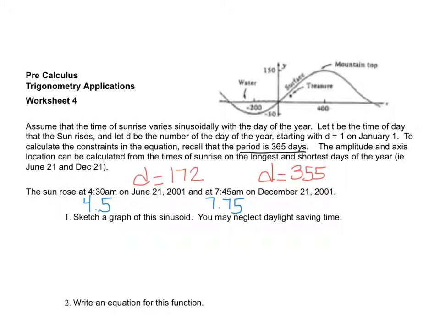And your time of day goes on the y-axis, and you're just going to plot it like, I'm just going to show you here. Roughly, I would just go 4.5 and then 7.75.